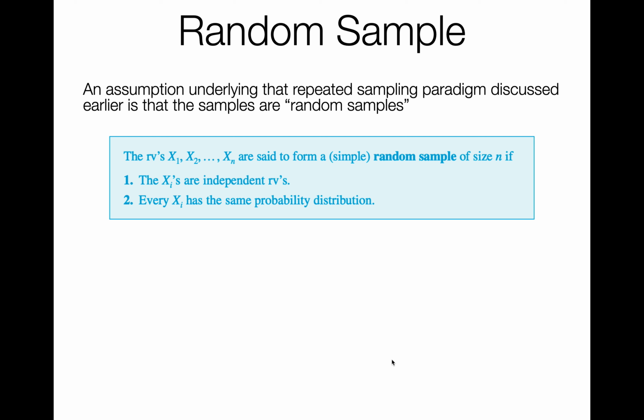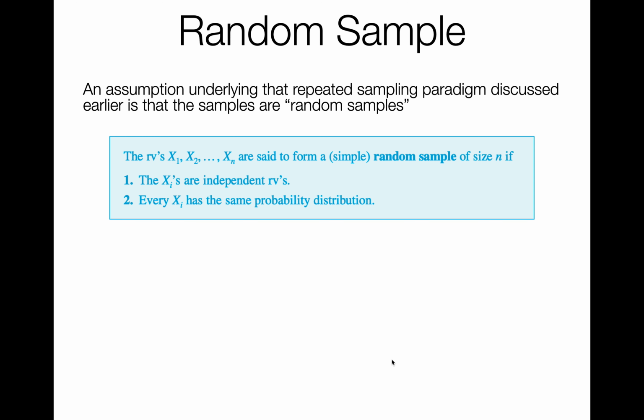And that should make sense because I repeated sampling many times to get that histogram. And so furthermore than just taking many samples is that each of the samples need to be what are called random samples.